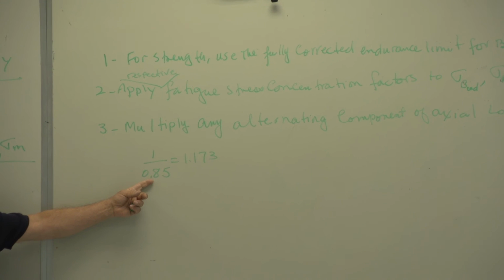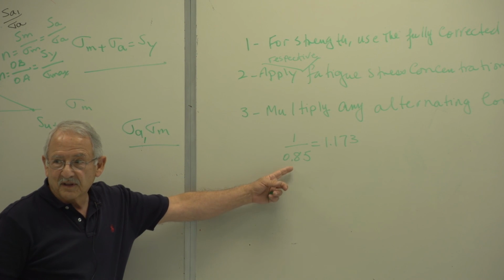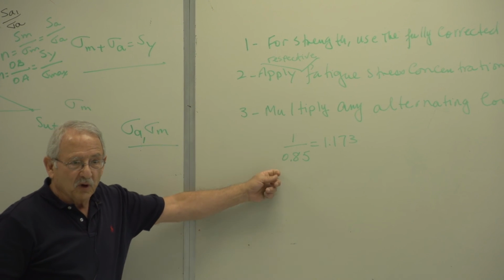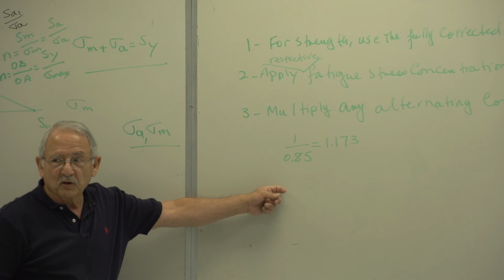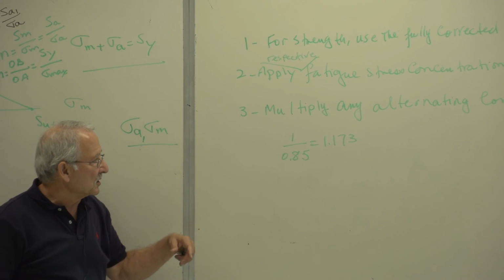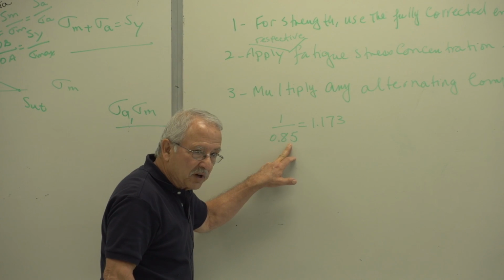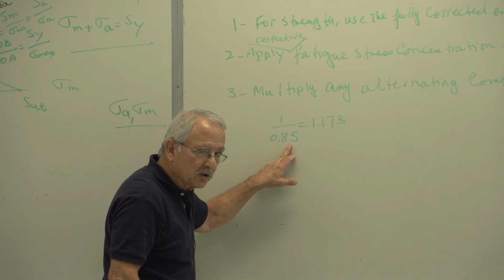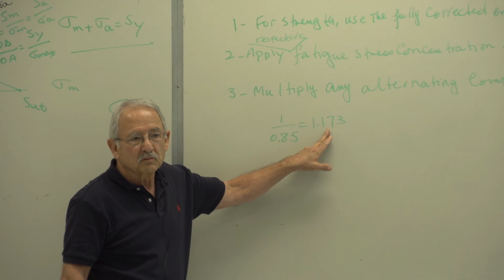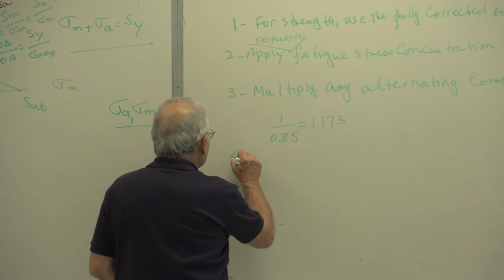This is the load factor for axial load. We talked about that last week. That's the load factor. Remember the load factor? 1 for bending, 0.85 for axial load, 0.59 for pure torsion, what I just had, Kc. So rather than decreasing the strength, in other words, multiplying this by SC prime, we're increasing the stress by multiplying by this, but only the alternating component.